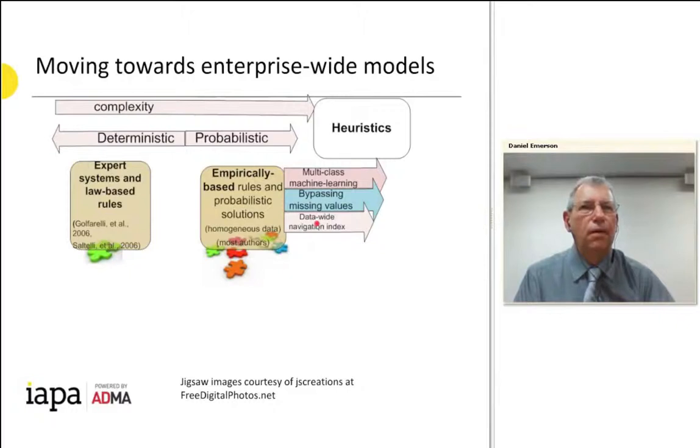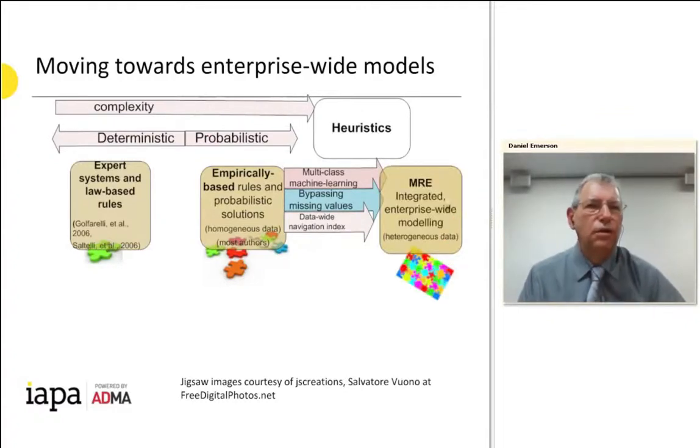And so we come up with model rule extrapolation, which is this integrated enterprise-wide modelling tool, which works with heterogeneous data. And so in our icon here, we show that all of the pieces of the jigsaw are highly integrated.